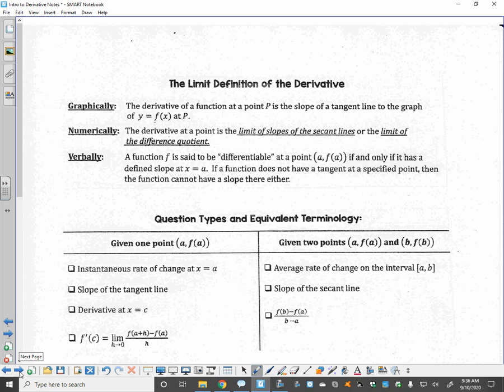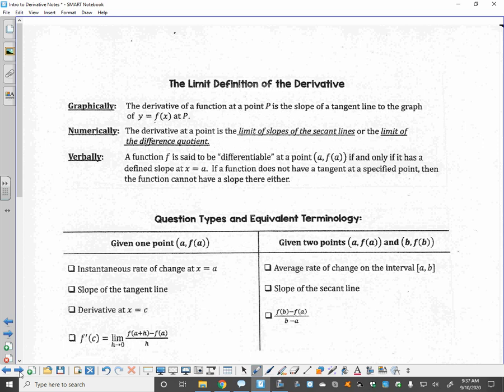Okay, the limit definition of the derivative. Again, this is just wrapping it all up. Graphically, the derivative of a function at point P is the slope of the tangent line to the graph at point P. Numerically, the derivative at a point is the limit of the slopes of the secant lines, or the limit of the difference quotient.